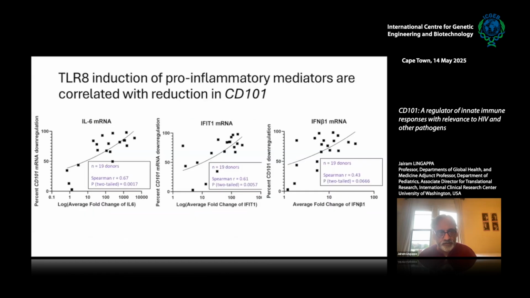We also found that inflammatory responses, IL-6, IFIT-1, and interferon beta, all increased in proportion to the level of CD101 downregulation. That's consistent with the idea that CD101 inhibits inflammatory responses, so that as you downregulate CD101, inflammatory responses increase.